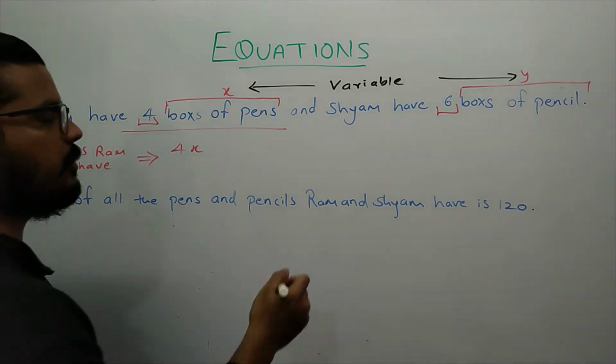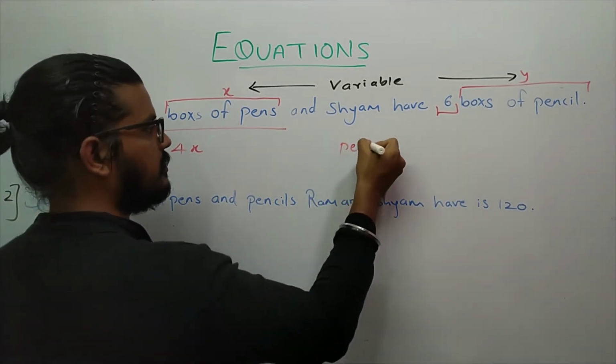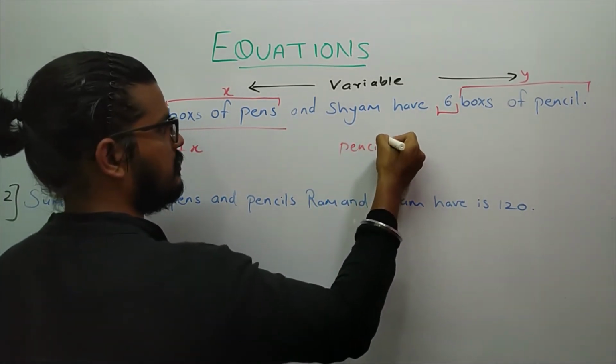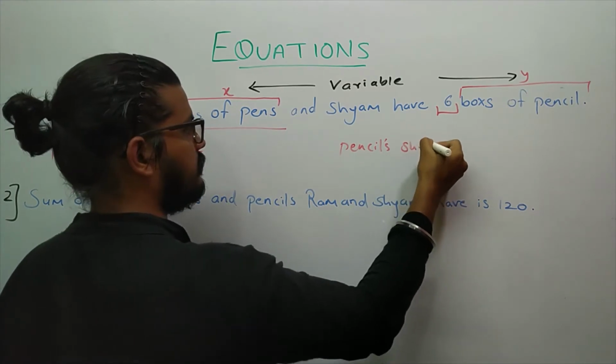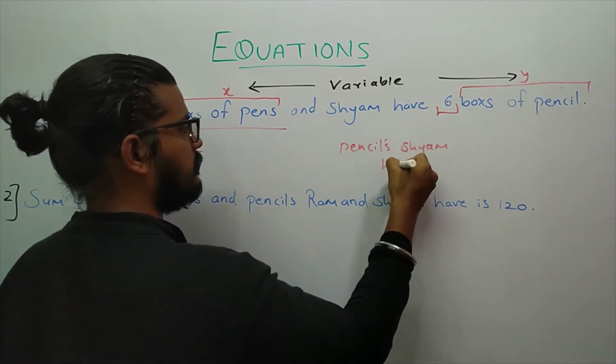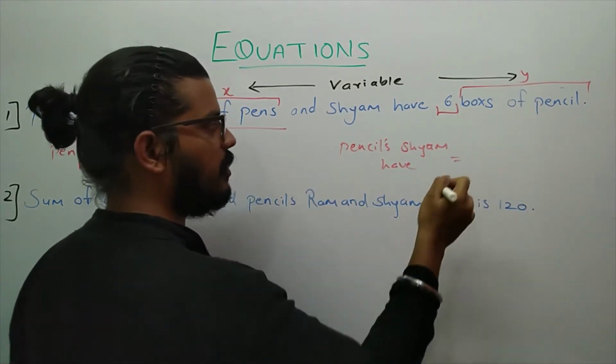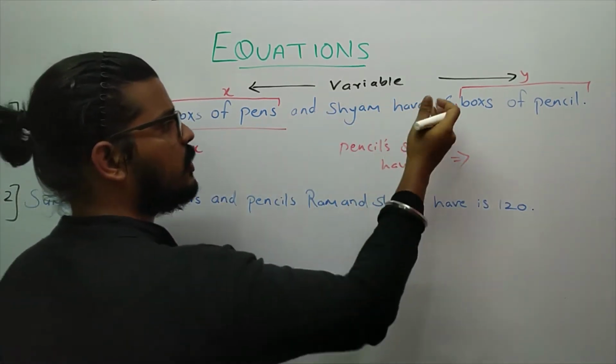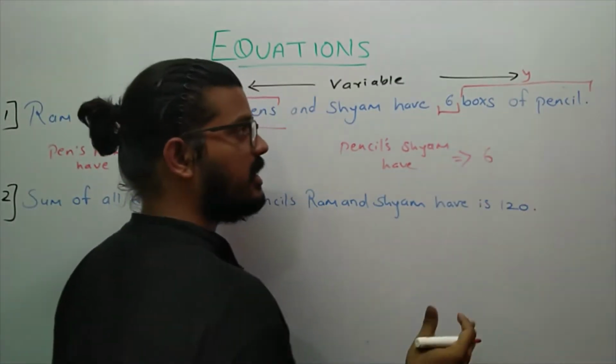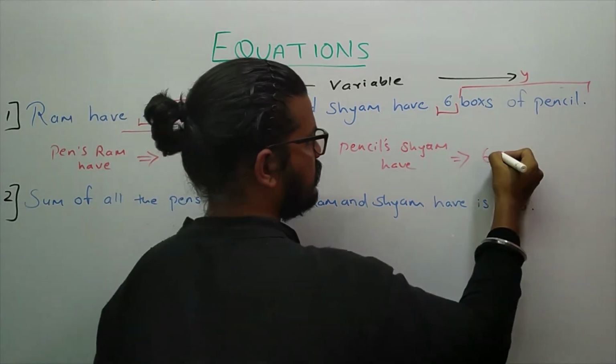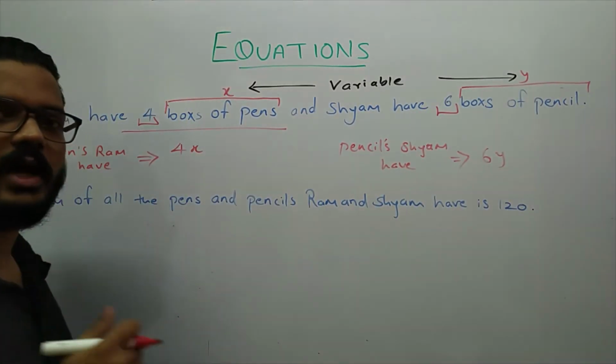Now what about how many pencils Shyam has? So students, it is the same logic. There are total 6 boxes and how many pencils are there in the box we don't know, so we take the variable, which is 6y.